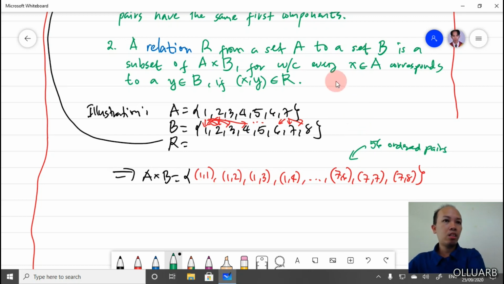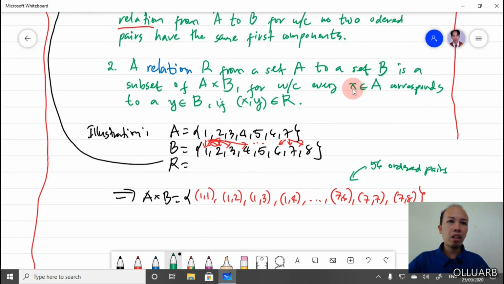Notice the definition says here that every element x in the domain, so our x's here are 1, 2, 3, 4, 5, 6, 7, up to 7 only. So these are our x. There are 7.